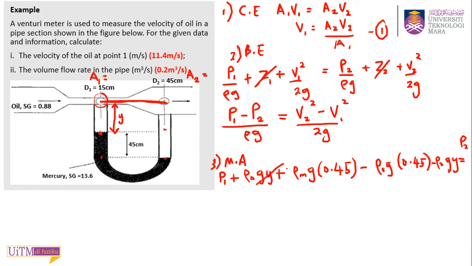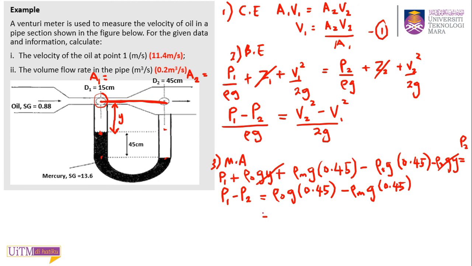Okay, so this one can be cancelled out, rho oil times g y, and you can write your manometer equation in terms of pressure difference. P1 minus P2 is equal to rho of oil times g times 0.45, minus rho of mercury times g times 0.45.